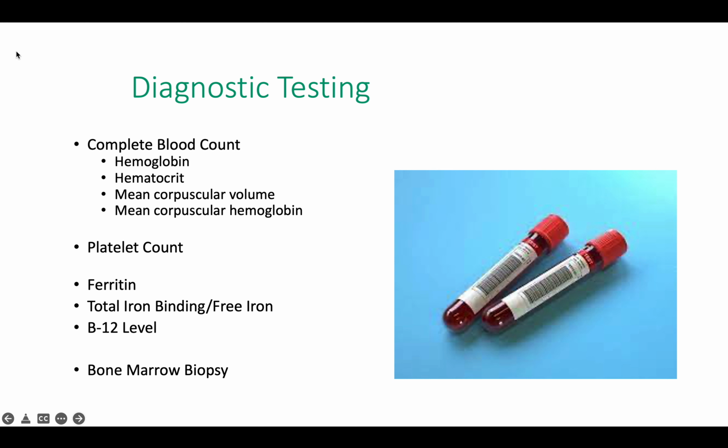Remember, bone marrow biopsy is diagnostic. It diagnoses an issue, but the complete blood count screens for an issue, and then we get more specific in looking for the cause as to why when we look at differentials and different nutritional elements in our body.